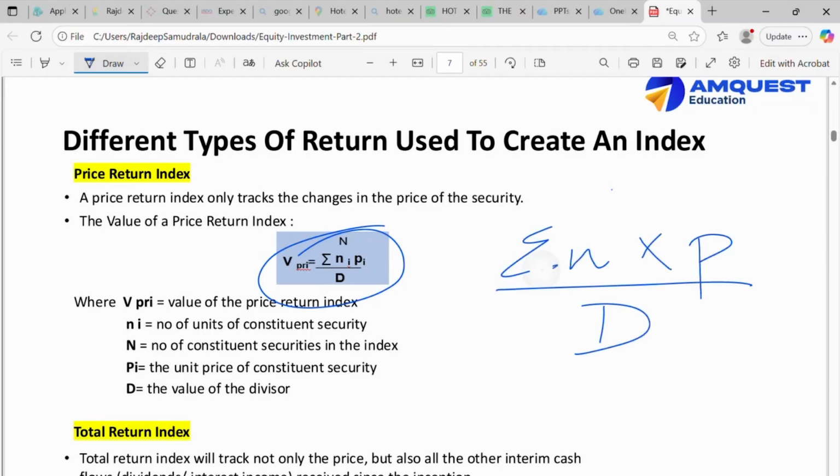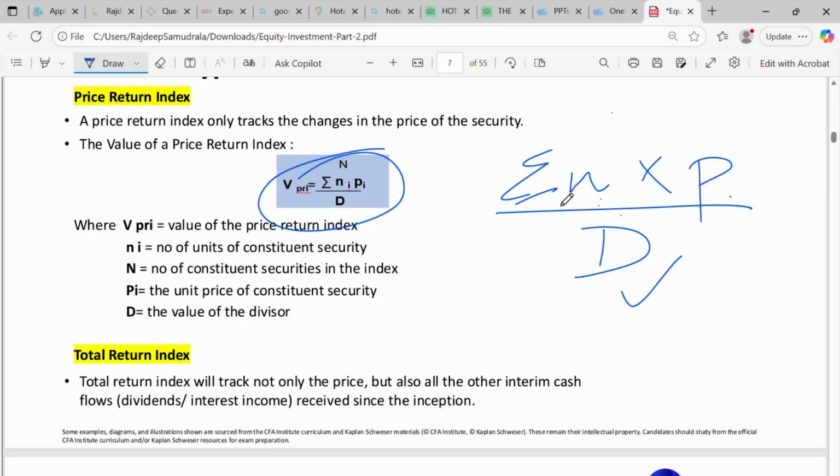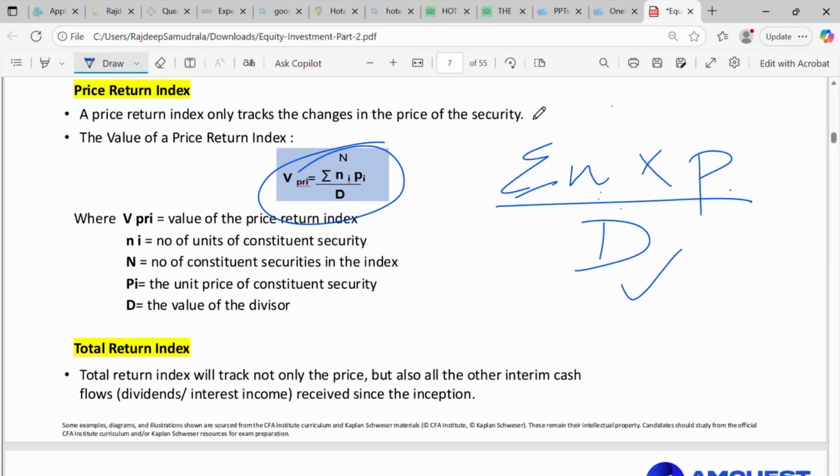You sum, over all the constituents in the index, the number of units multiplied by the respective constituent prices, and that is divided by the value of the divisor. This formula essentially gives you the value of that specific index where price is the driving factor.